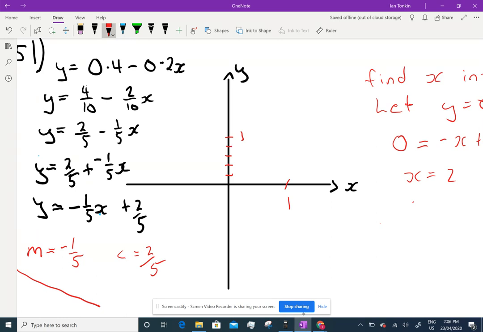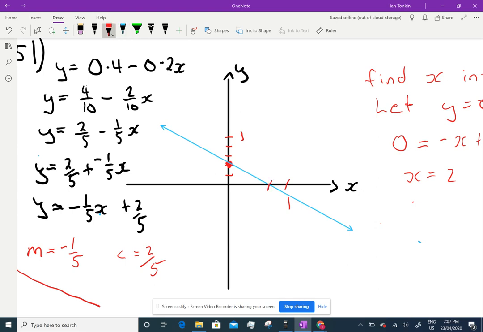So 2/5 means it's going through there. You don't have to be this accurate. It's pretty flat. So this line, 1/5 is really flat. So it should look something like that.